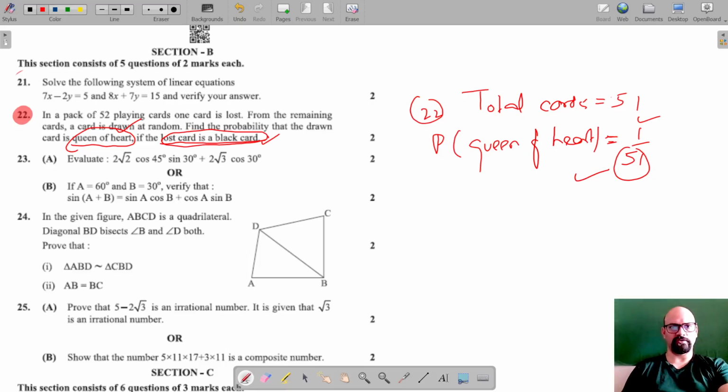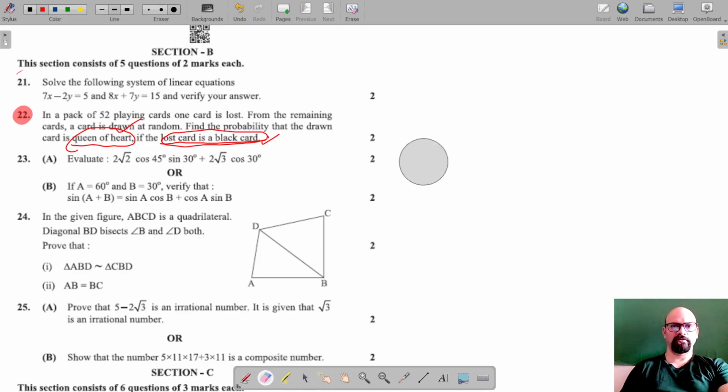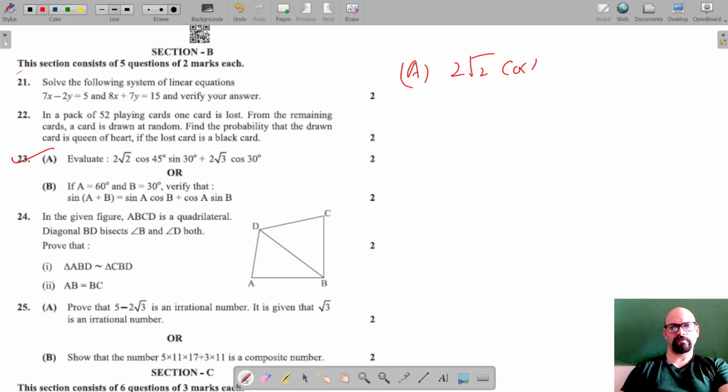Let's move on to question number 23. For question number 23, we have to evaluate the trigonometric expression that is given. I'm going to evaluate the first section, which is 2 root 2 cos 45 into sine 30 plus 2 root 2 cos 30.